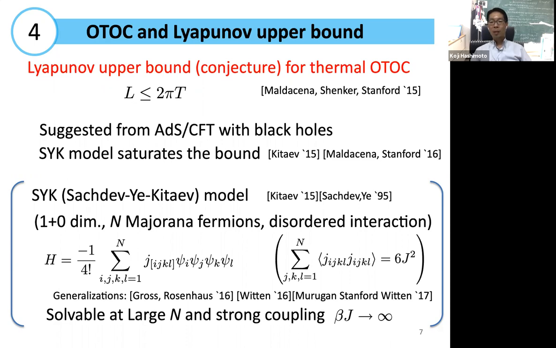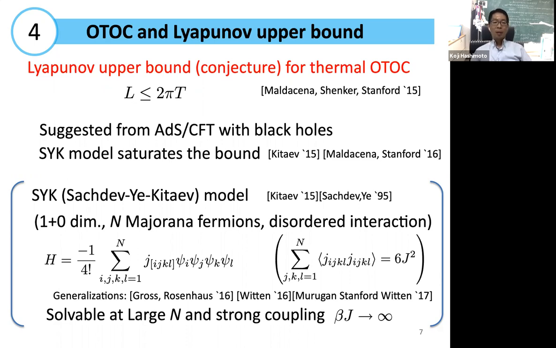So it's almost a semi-classical bound, and also specialized to a particular OTOC. However, there is an indication that this bound will be true for more general OTOCs. So even maybe in a different definition of OTOC, this may be true.